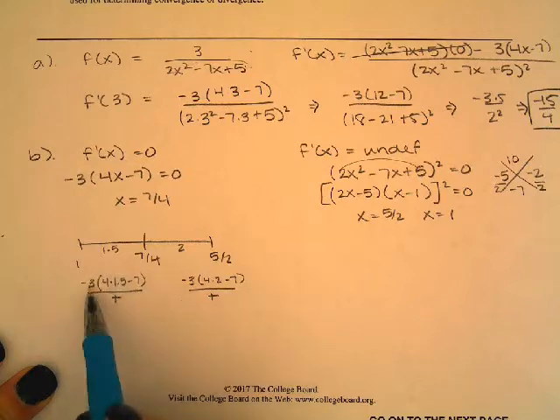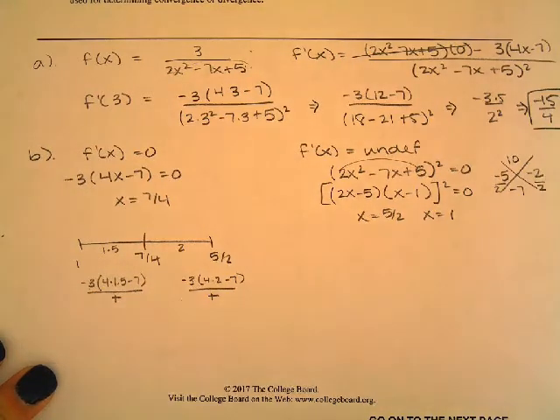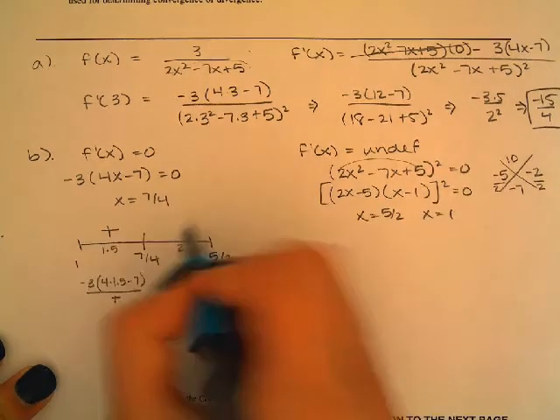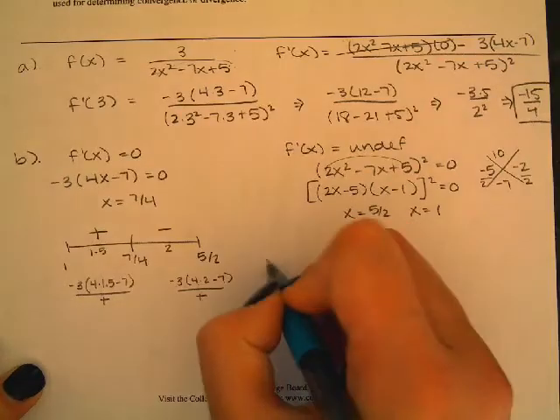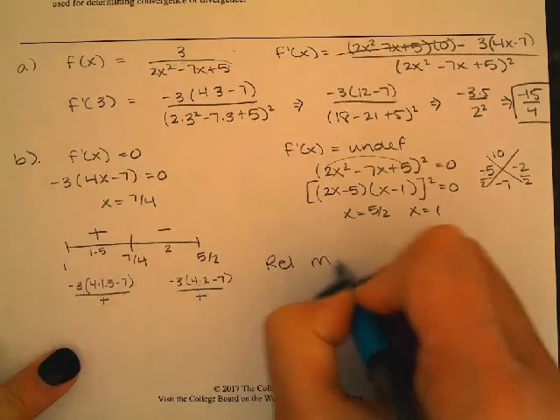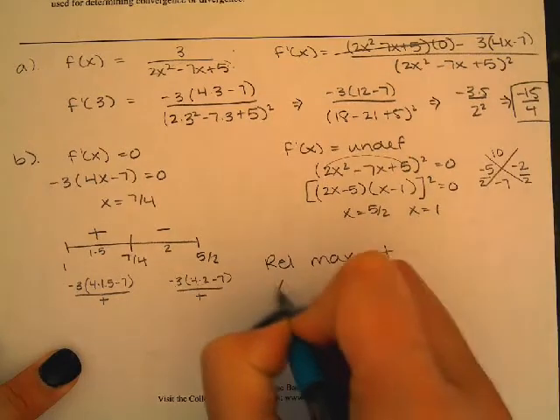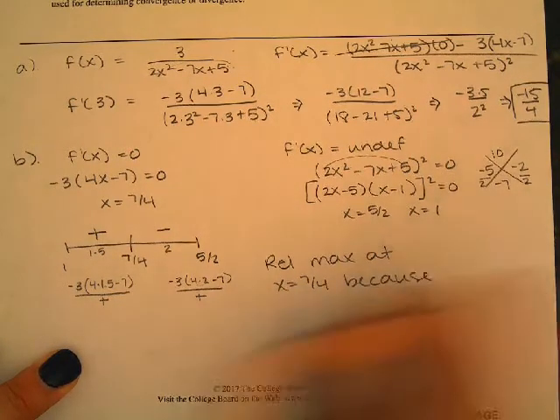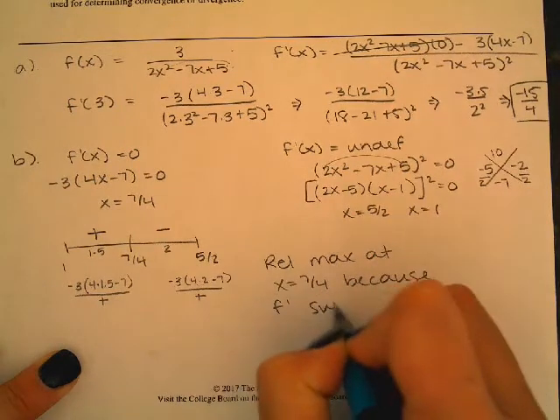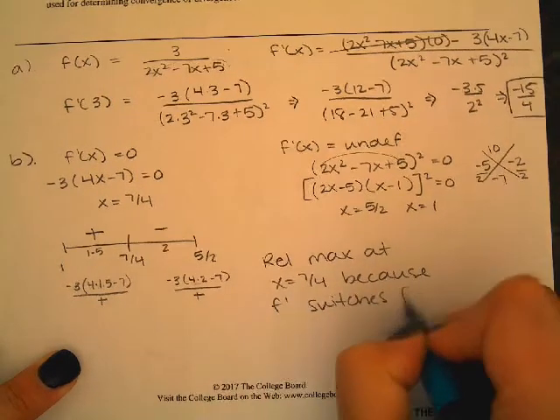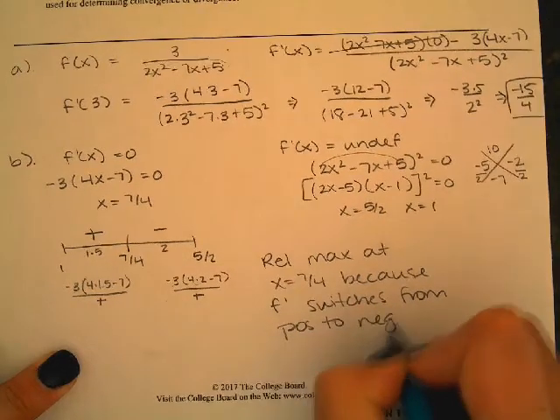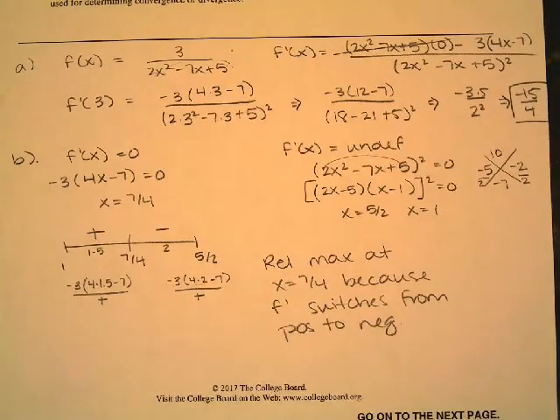So I've got -3 times -1 is positive, so that's a positive. 8 minus 7 is +1, -3 times +1 is a negative, and so this is a relative max at x equals 7/4 because f prime switches from positive to negative there. All right.